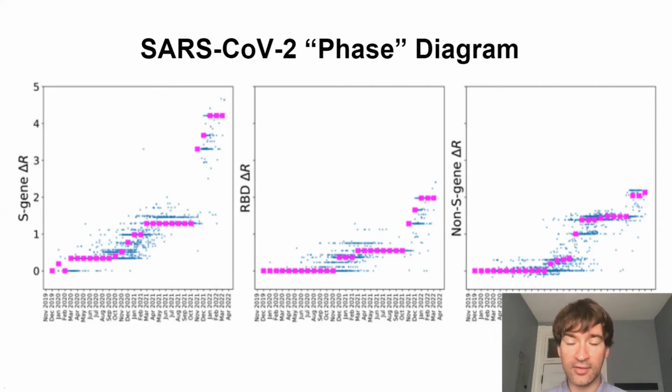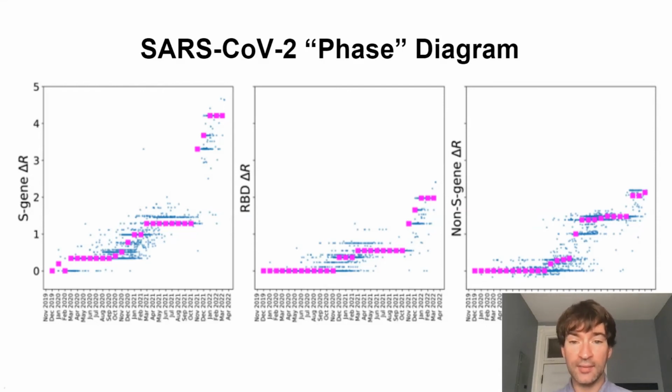And we see that a lot of the most recent lineages, of course, are the most fit, which is not surprising. But one thing that's particularly interesting in this figure is the following. The three panels in this figure break down this delta R contribution according to the different genomic regions, right? So the leftmost figure corresponds to the estimated delta R that comes from mutations in the S gene, while the rightmost figure encodes the delta R difference that comes from everything outside of the S gene, right?